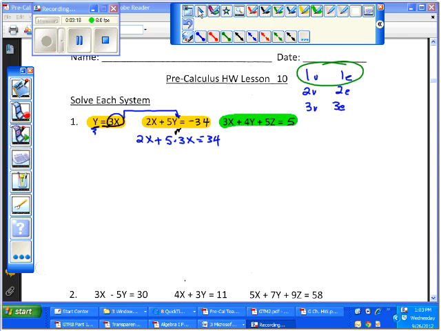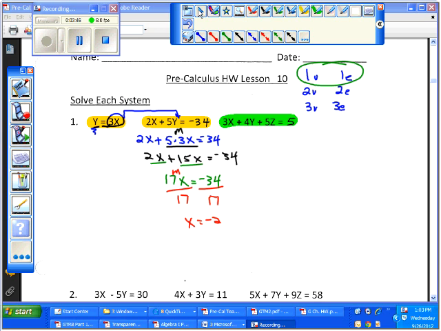I'm going to do the multiplication first and get 2x plus 15x equal negative 34. Now I'm going to combine like terms and get 17x equal negative 34. I can do nothing else to simplify, so I'm going to undo multiplication by division. Watch our signs. We get x equal negative 2.